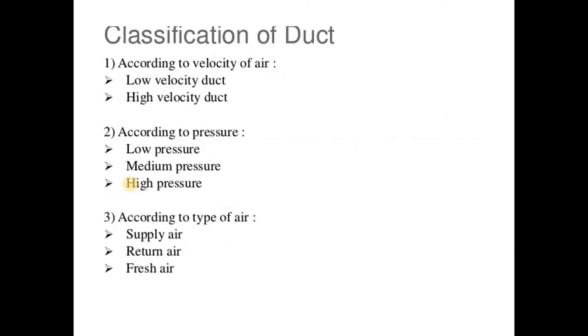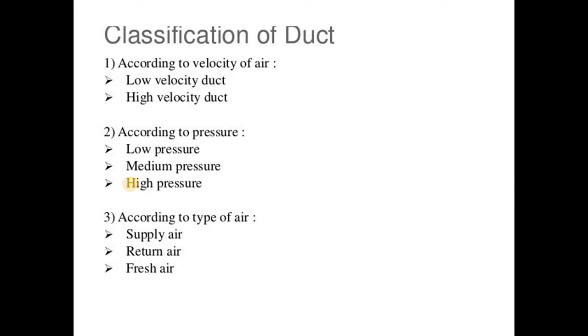Now the classification of the duct, we discussed that point already, but let us revise it again. According to the velocity of the air, the duct is classified into low velocity duct and high velocity duct. The second is according to the pressure: low pressure, medium pressure and high pressure. And the third one is according to the type of air.